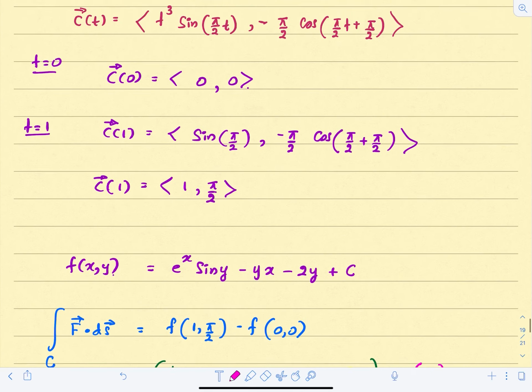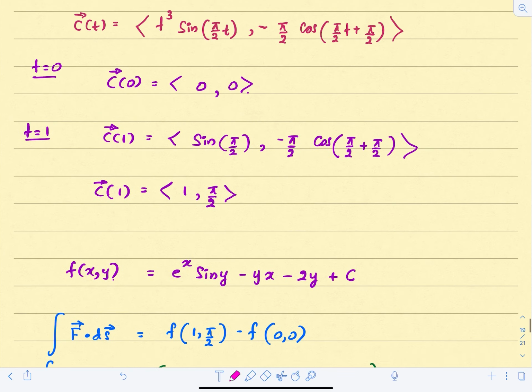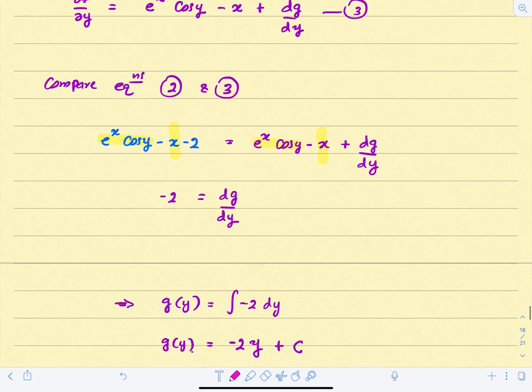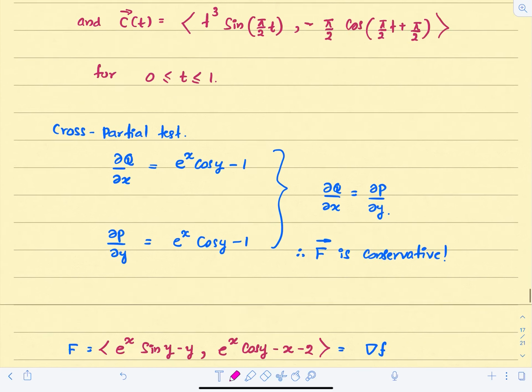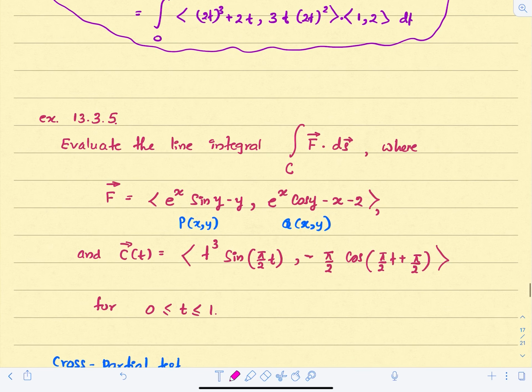If you do not use the fundamental theorem for line integrals, then you have to evaluate directly. Then this is your x coordinate and this is your y coordinate, and substituting these values will give you a very complicated expression which may or may not be possible to solve using a regular integral.